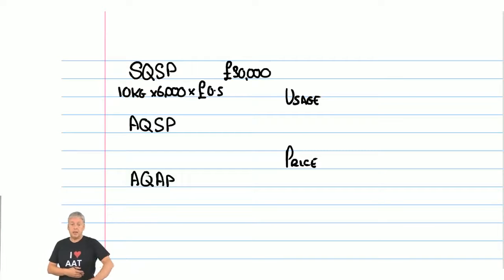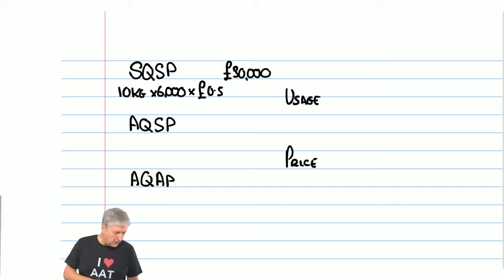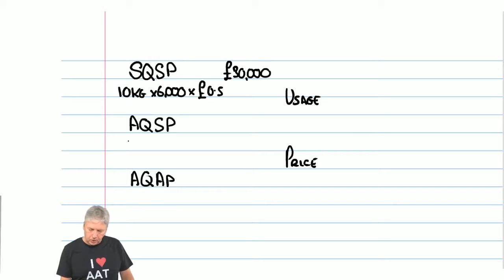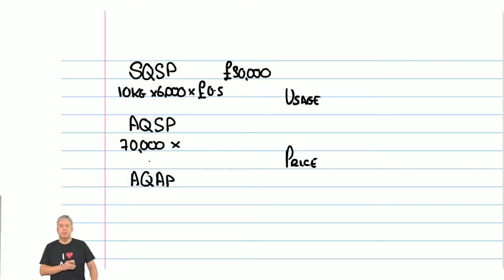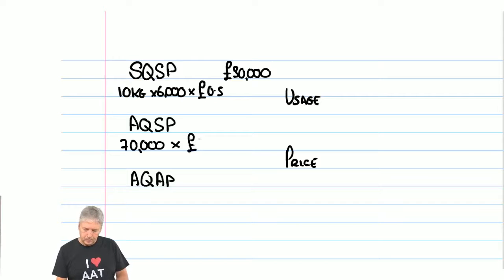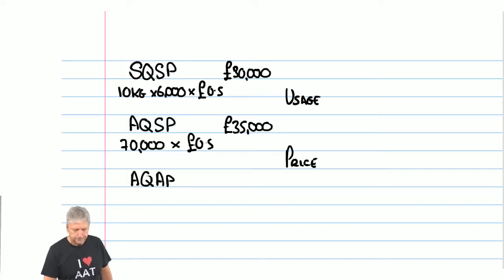Now we just work down to actual quantity, standard price. How many kilos did we actually use? If we look back at the information, the actual kilos used was 70,000. Is everyone happy where that number comes from? It comes from the actual data in the box that we were given above. We multiply that by the standard price of 50 pence, and that gives us 35,000.